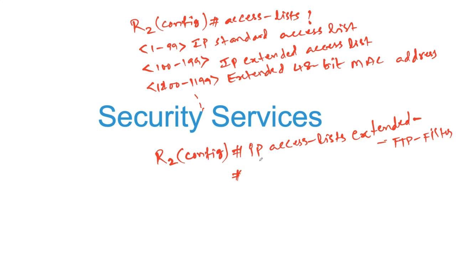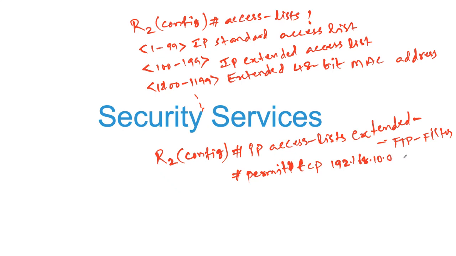So if you give permit TCP, permit the TCP connection starting from the network address 192.168.10.0, and give the subnet mask also, for how many users will be allowed.